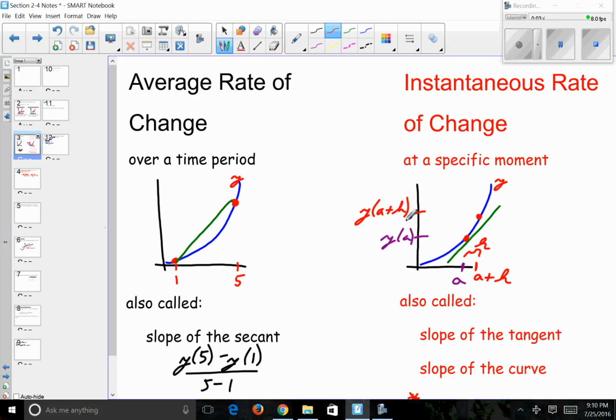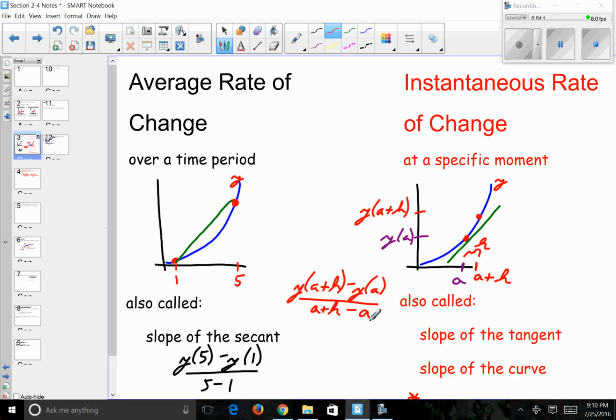Now I don't know what h is. I just know it's how far to the right I am of my A value. That is where I'm looking for an instantaneous rate of change. But now I do have 2 points, and I can find the slope between these 2 points, which would be y of A plus h minus y of A over A plus h minus A.